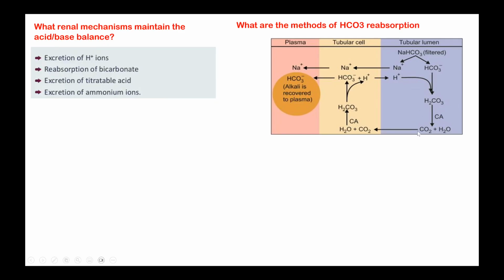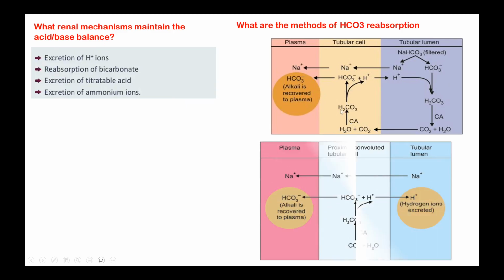Why does it have to be broken down into carbon dioxide? Because only carbon dioxide can go through the bilipid layers. So that will come into the tubular cell inside, where again it will combine with water, form carbonic acid, and then break down into bicarbonate and hydrogen. Hydrogen will be excreted out into the lumen. Bicarbonate will be taken back. Okay? So this is how the first mechanism happens.